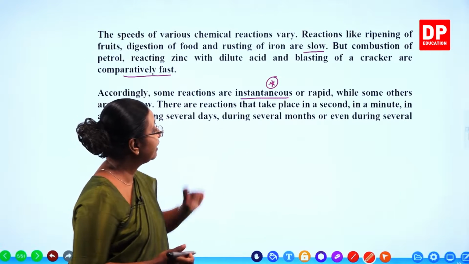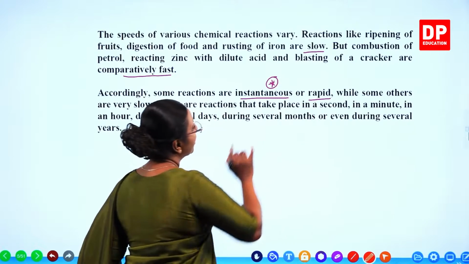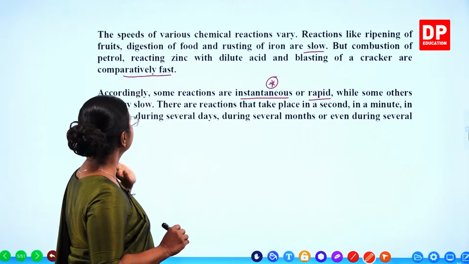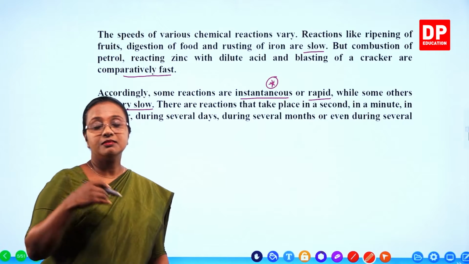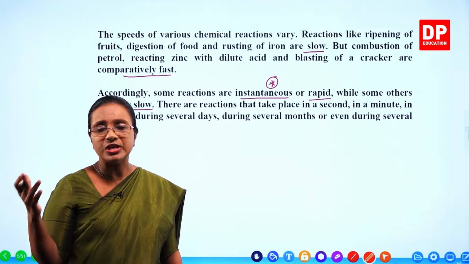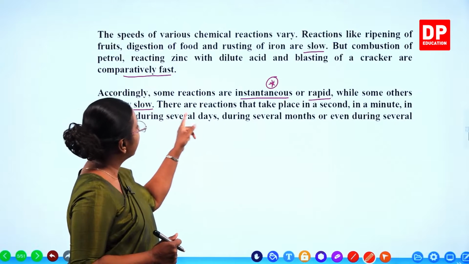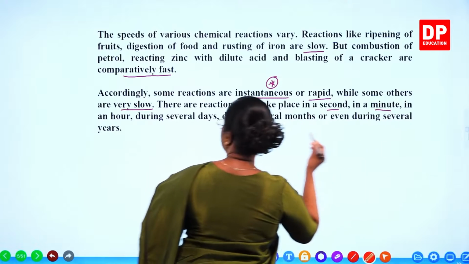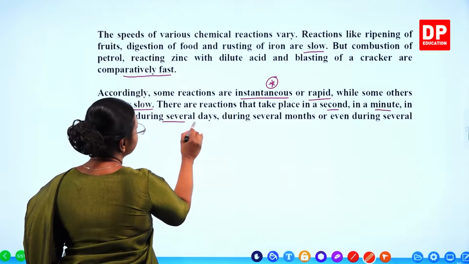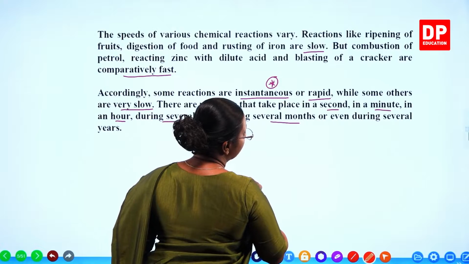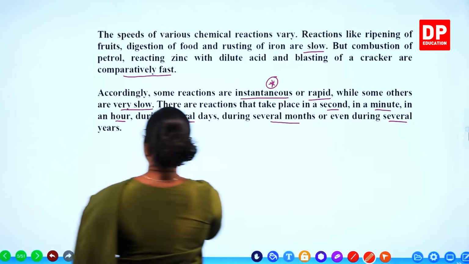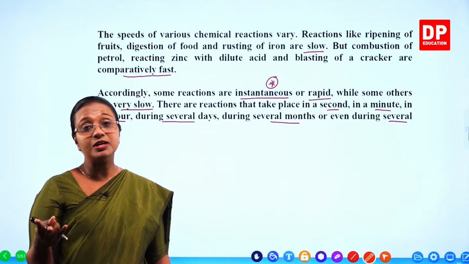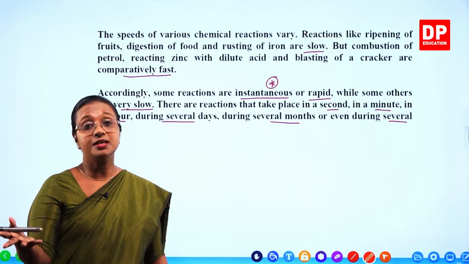So those are very rapid, fast or instantaneous reactions, while some others are very slow, like rusting and ripening of fruits. There are reactions that take place in a second, in a minute, in an hour, during several days, during several months, or even during several years. So it can be seconds, minutes, hours, days, months, years.